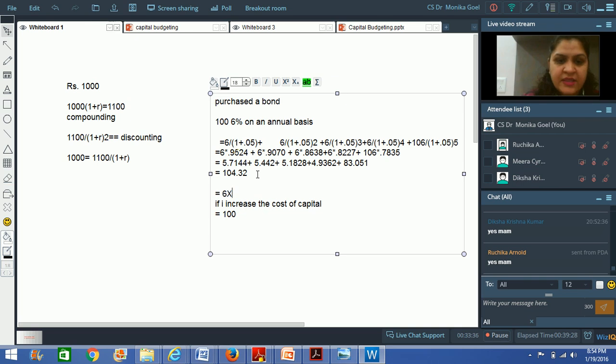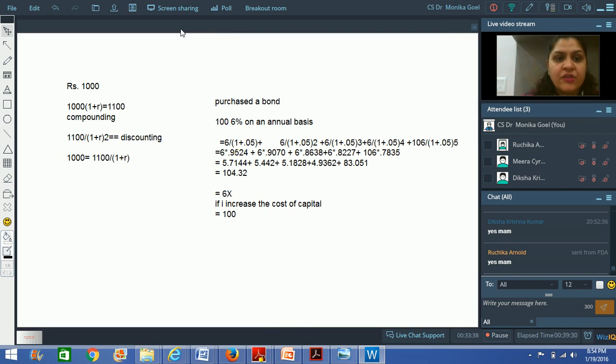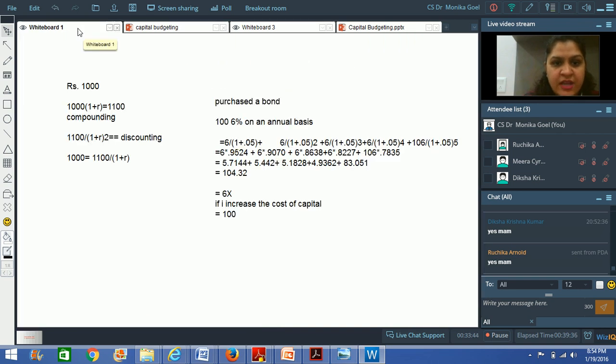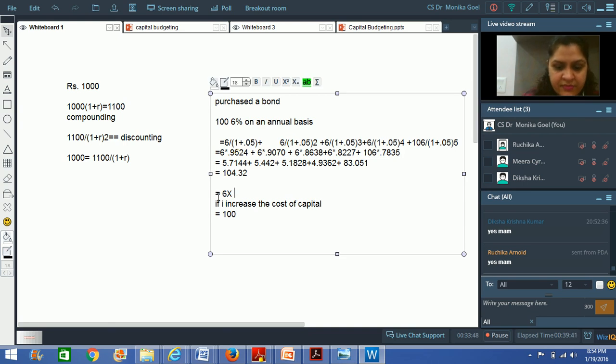What should I do? For 4 years, because I'm getting 6 rupees, I multiply 6 with the present value of annuity factor at the rate of 5% for the period of 4 years, which is 3.5460.